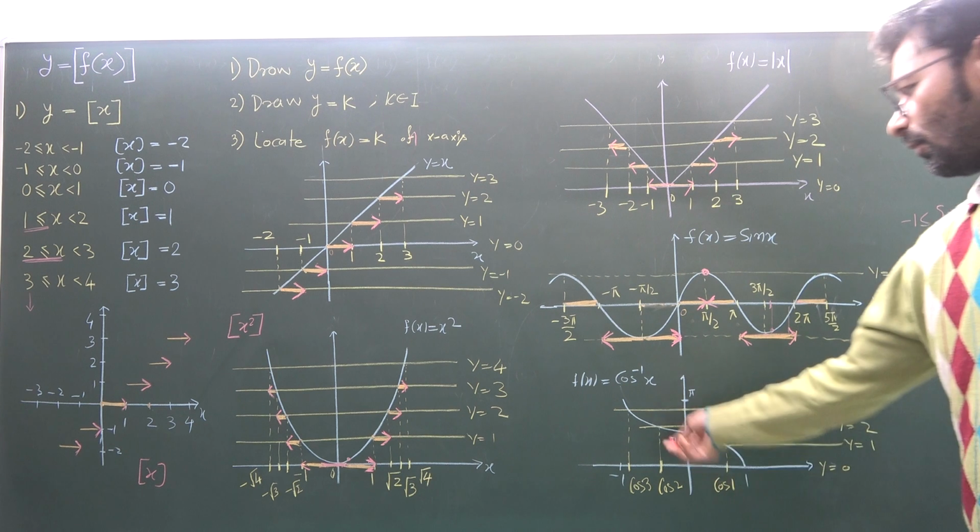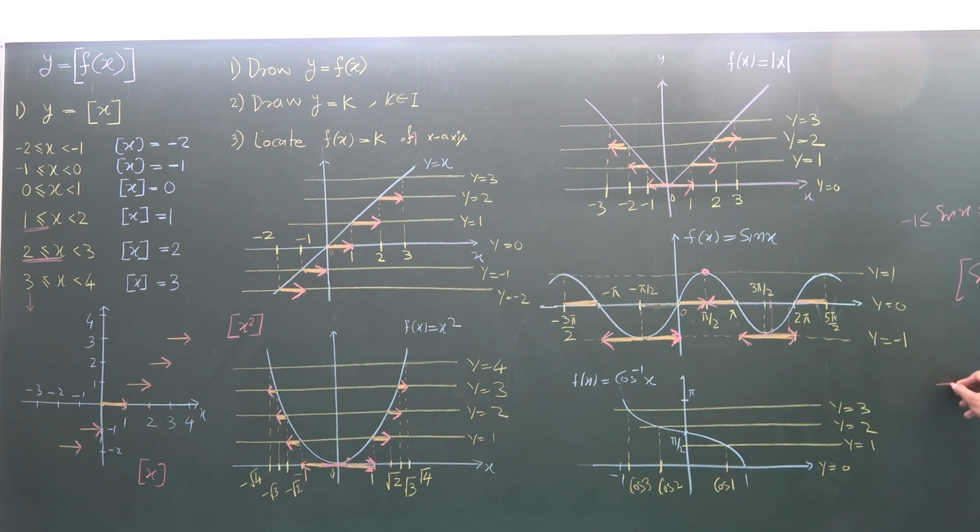Okay, what about greatest integer of cos inverse x? Again same principle, draw cos x, draw integral values. Cos inverse x has range 0 to pi, which means the integers could be 0, 1, 2 or 3, only 4 possible values.